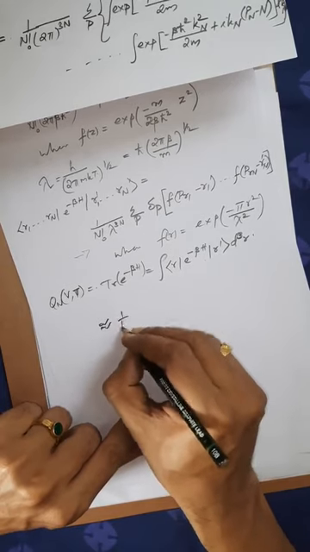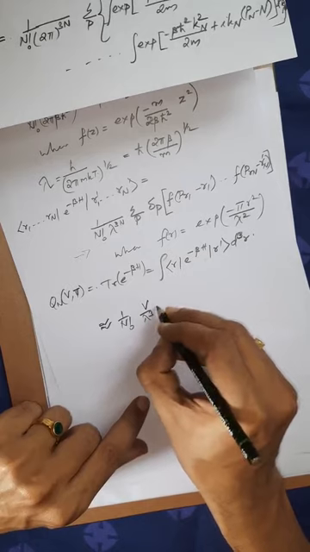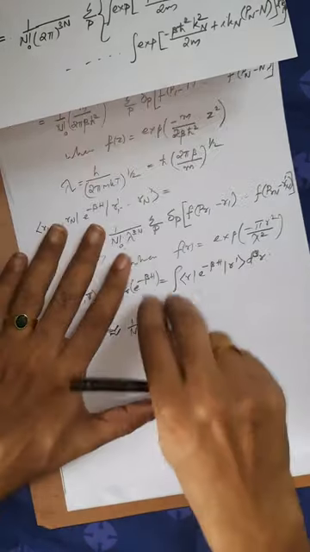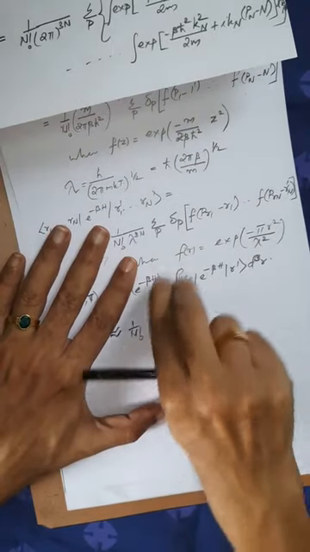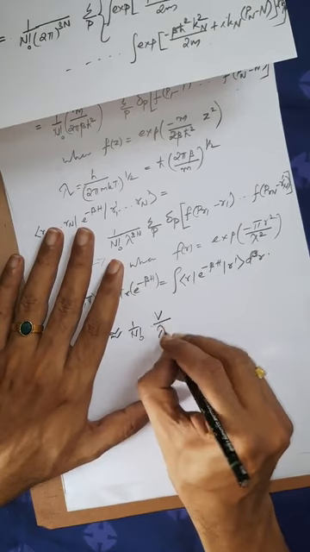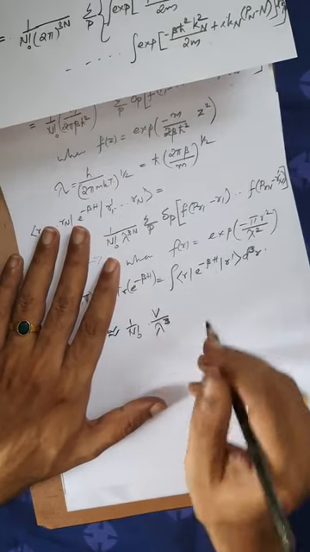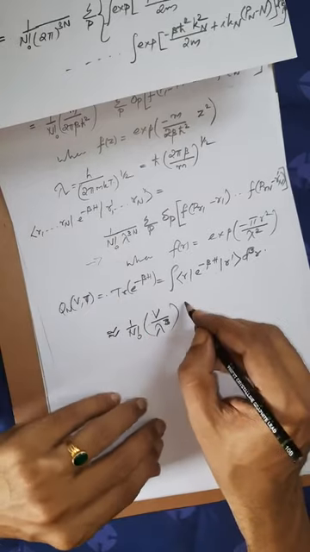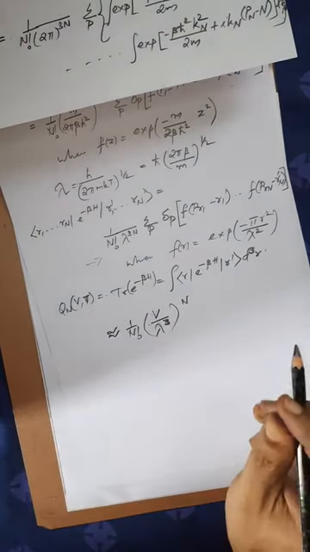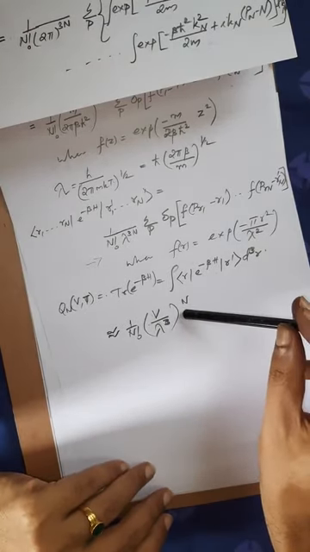I should be getting 1 by n factorial (V by lambda cube) raised to n. So now what would I do? This is my numerator, this is my denominator.